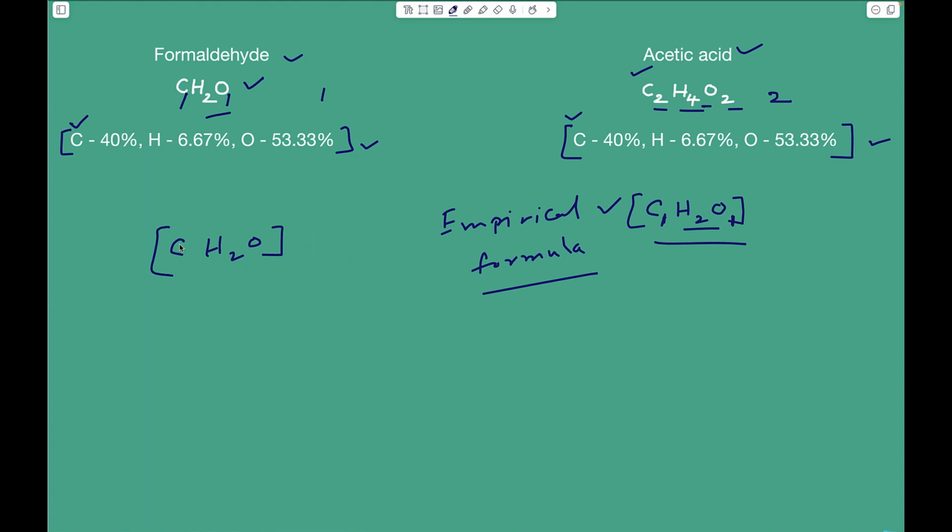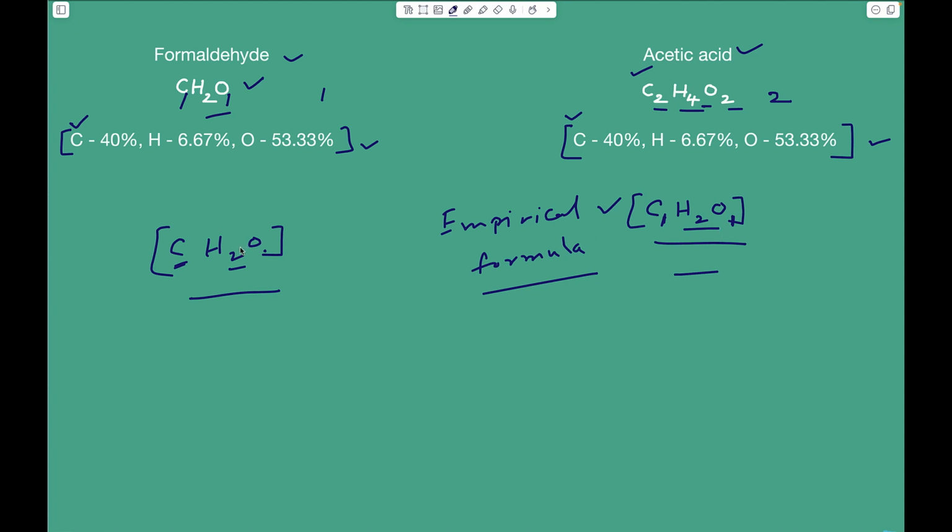Now what does the empirical formula of formaldehyde guarantee us? It guarantees that for every carbon atom present in that molecule, there must be 2 hydrogen atoms and 1 oxygen atom. Now if you look at the empirical formula of formaldehyde and that of acetic acid, you would notice that they are one and the same.